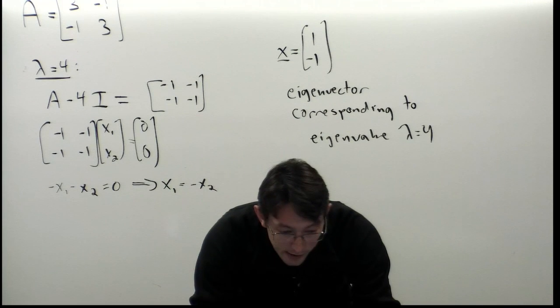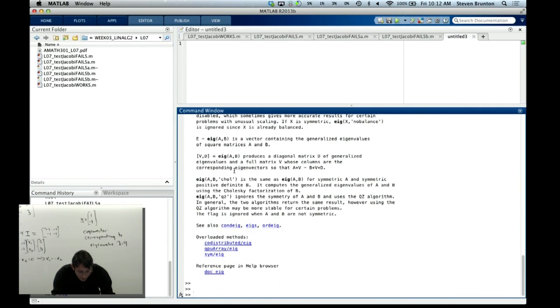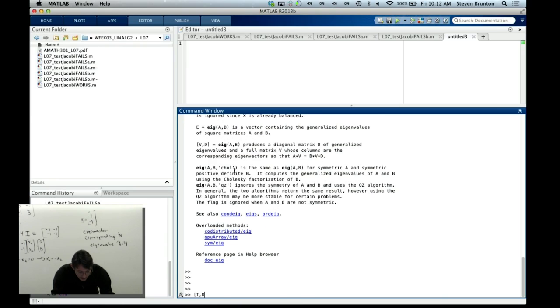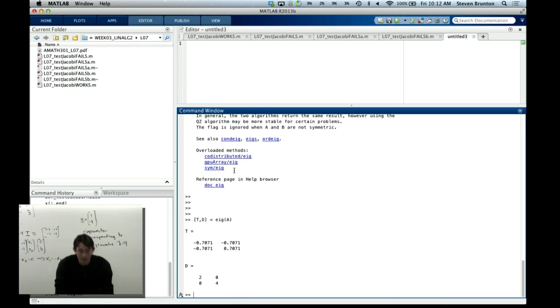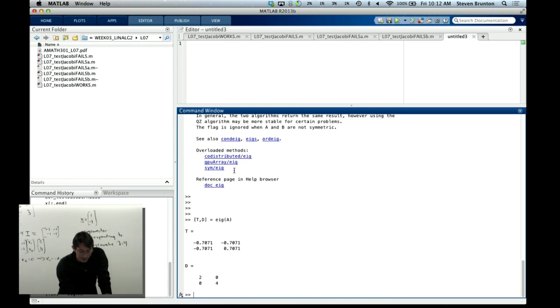But if I say [V, D] = eig, I will get two outputs, a matrix V and a matrix D. So I'm going to say [T, D] = eig(A). Now it gives me two matrices T and D. D is a matrix which has diagonal elements which are my eigenvalues, a matrix with 2 and 4 on the diagonal. And T is a matrix of eigenvectors, so the columns of T are eigenvectors.